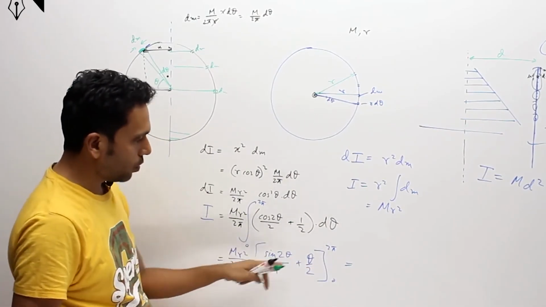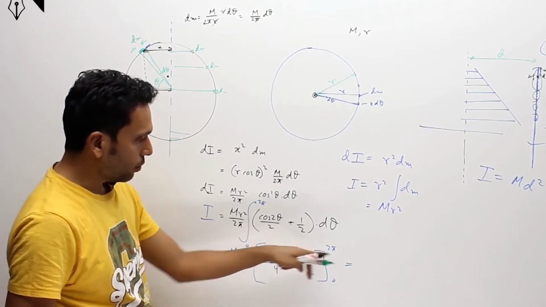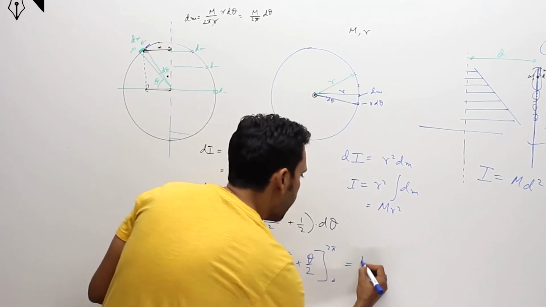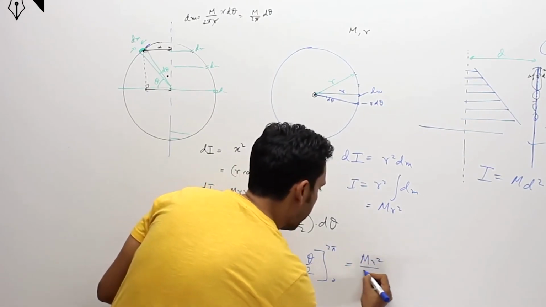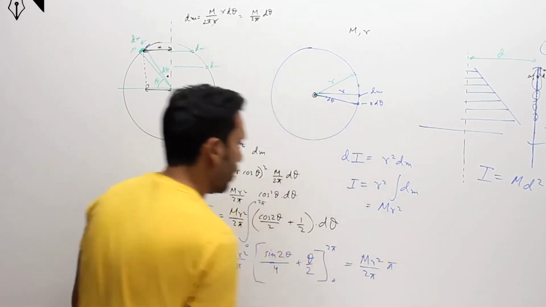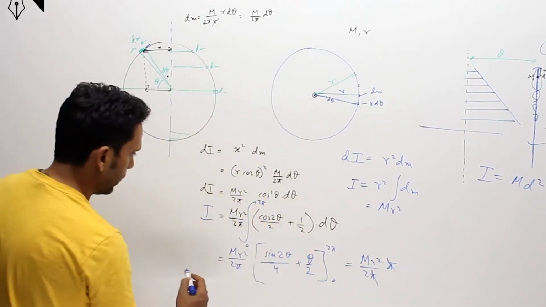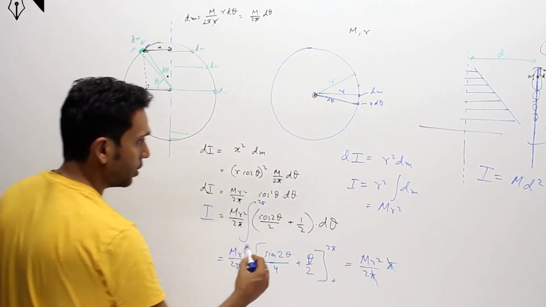So this part gives you 0. This part will give you 2 pi minus 0, so 2 pi by 2 gives you pi. So what we have is mr square divided by 2 pi times pi. So pi and pi get cancelled, and yes, that's your answer.